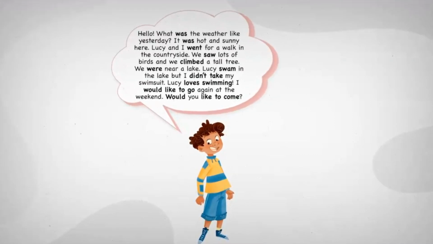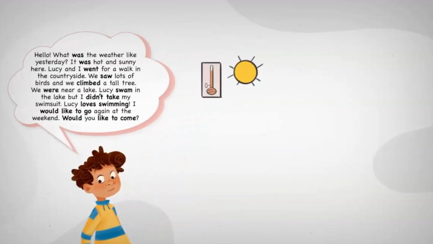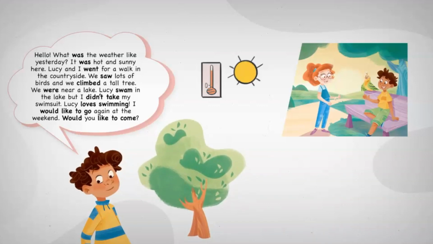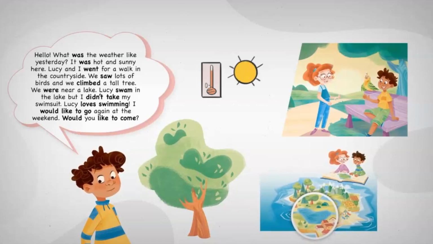Hello. What was the weather like yesterday? It was hot and sunny here. Lucy and I went for a walk in the countryside. We saw lots of birds and we climbed a tall tree. We were near a lake. Lucy swam in the lake, but I didn't take my swimsuit. Lucy loves swimming.